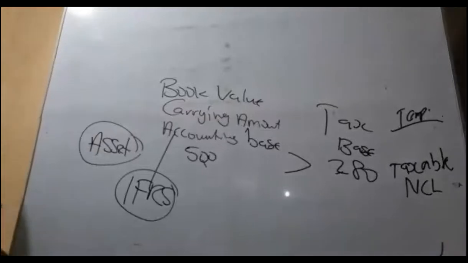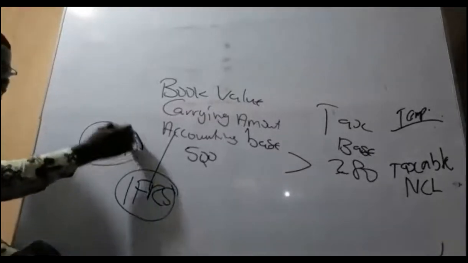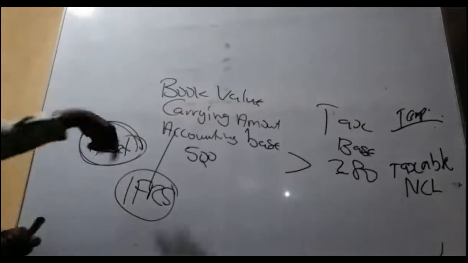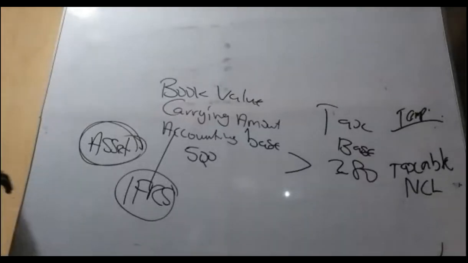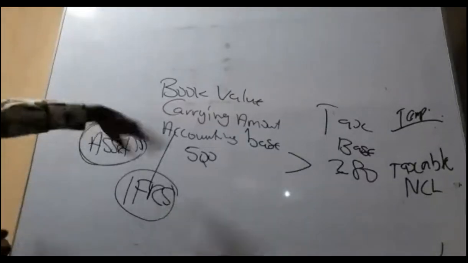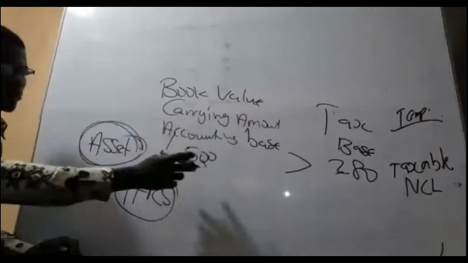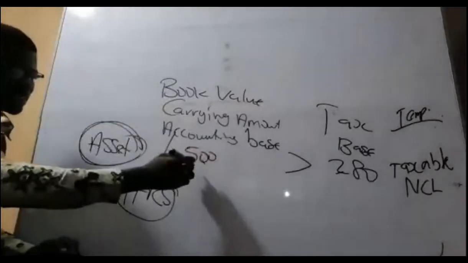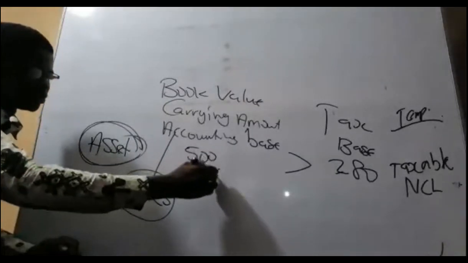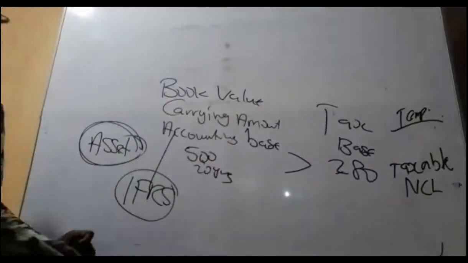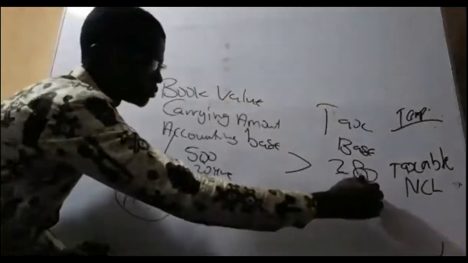However, this difference is temporal because if the asset is alive, there will be a difference. As soon as the asset vanishes from their books, there will not be a difference. Let's assume the life of the asset is 20 years. The taxman said no way, this one must last for 10 years.